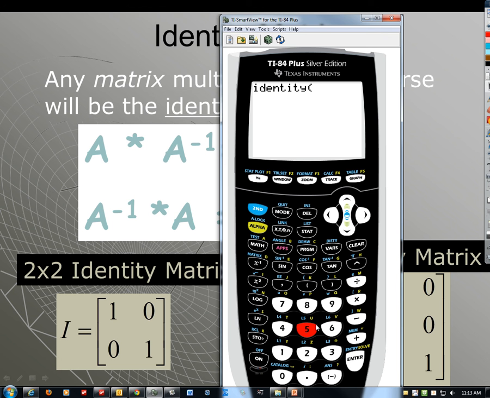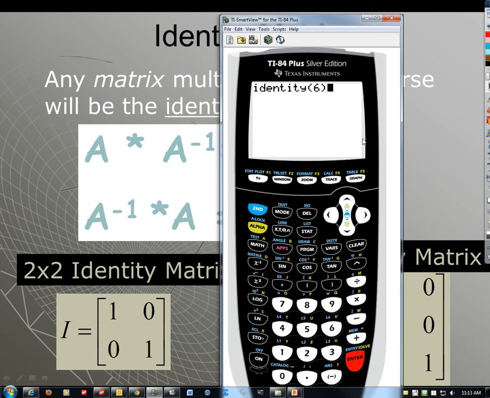It could have 2 rows and 2 columns, or 3 rows and 3 columns, or 4 rows and 4 columns, or 6 rows and 6 columns, whatever you want it to be. So the number of rows and columns I want is the number I'm going to enter. If I do identity 6, look what it does. It gives me a 6 by 6 identity matrix. 6 rows, 6 columns, but notice I still just get 1s in that diagonal and 0s everywhere else.